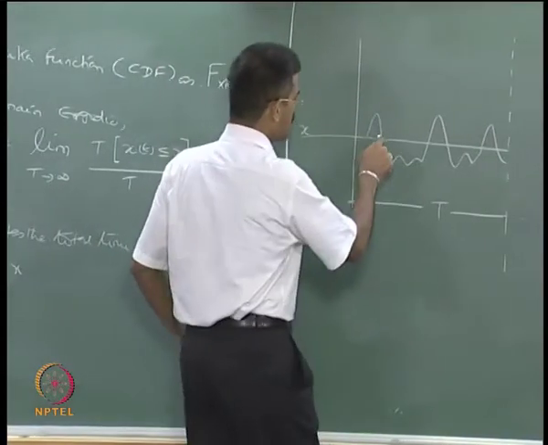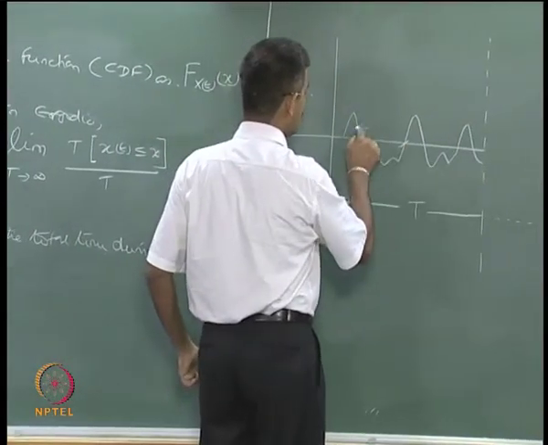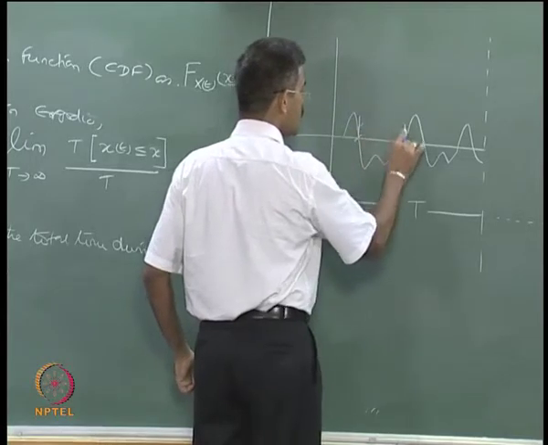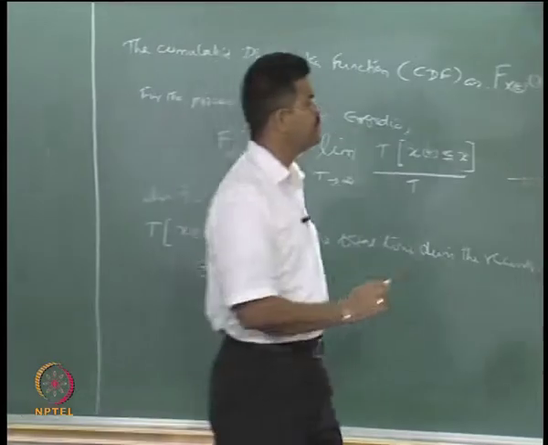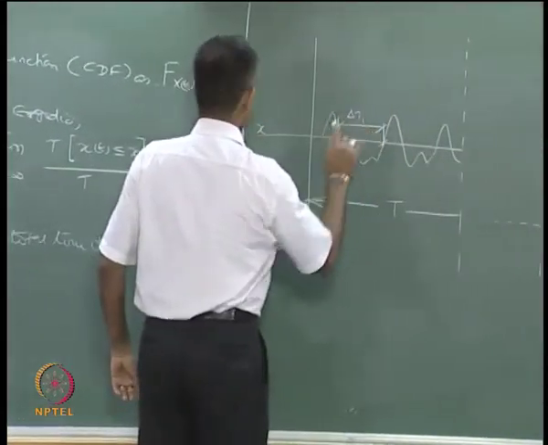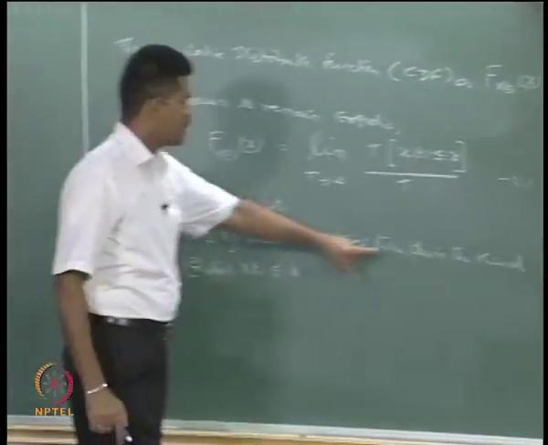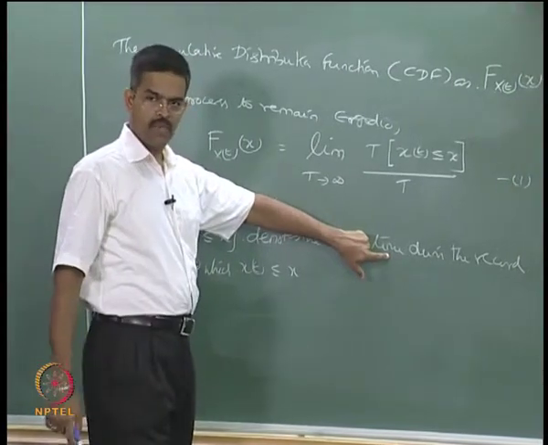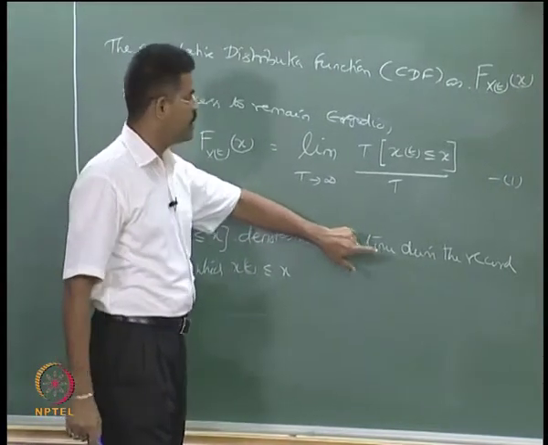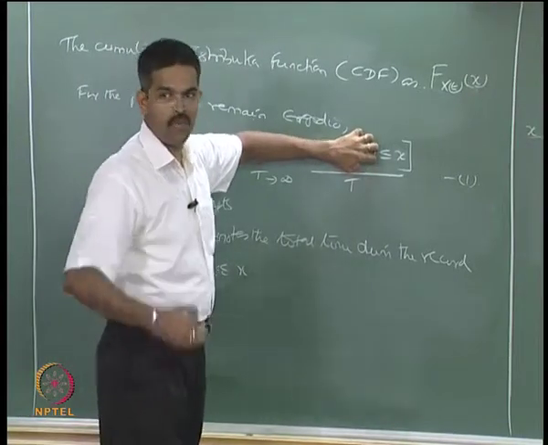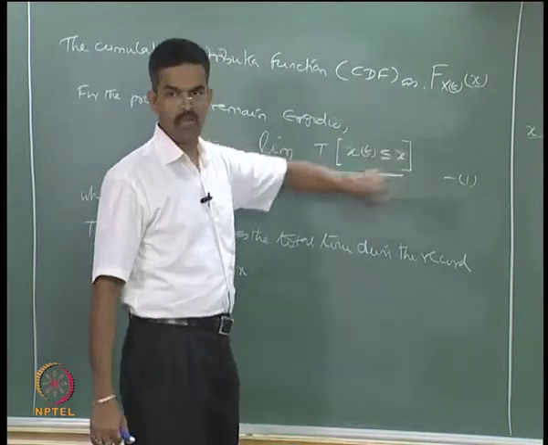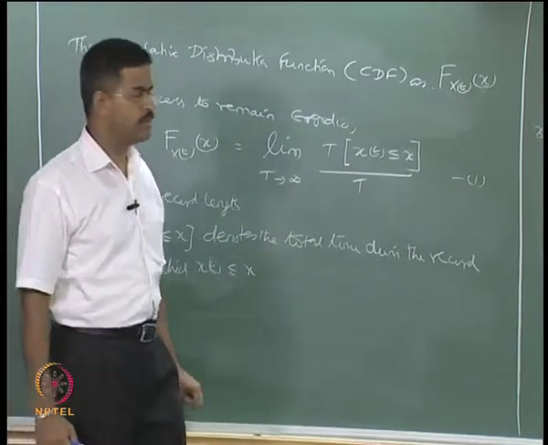So, I pick up those segments in the record, delta t1, these are all nothing but the time. So, in the time average, I am picking up the time at which my value of x of t, which is a random variable, is less than or equal to a pre-assigned value x in my given ensemble or sample.